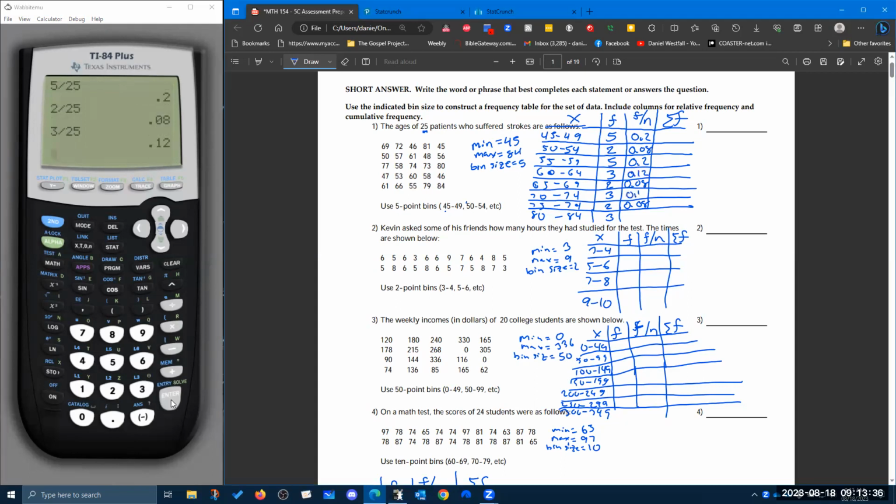Anywhere there's a 3 in the list, I can do that. All of these f divided by n's, if I add them together, should give me 1.